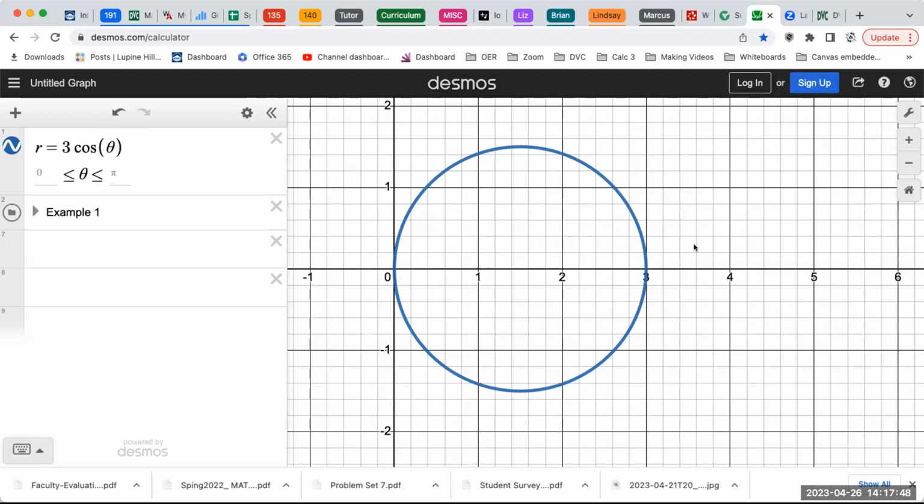Okay. How far is this point from the origin? 3. So what is r of this point? Well, r is how far the point is from the origin. So it's 3 units away.